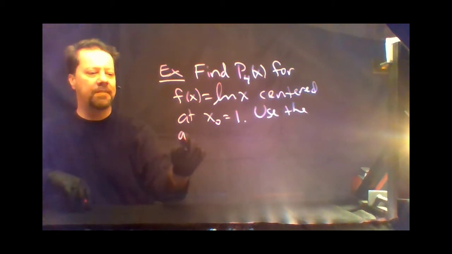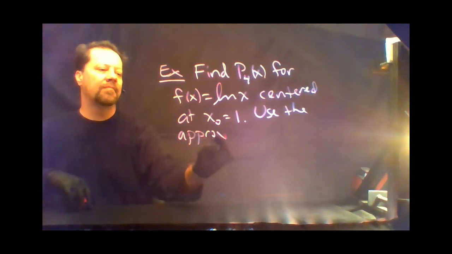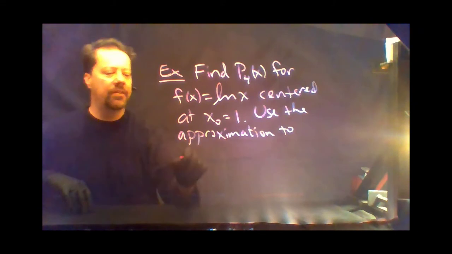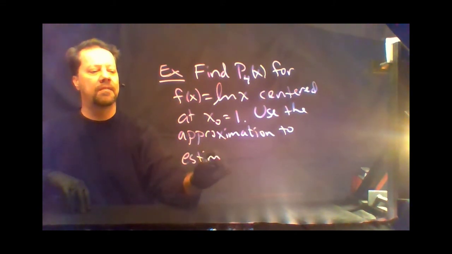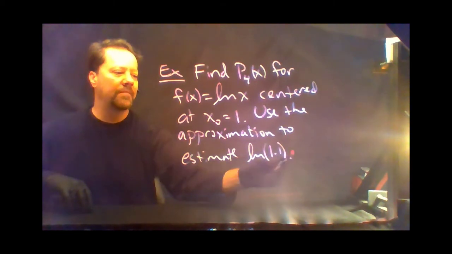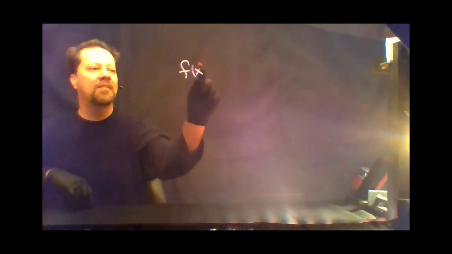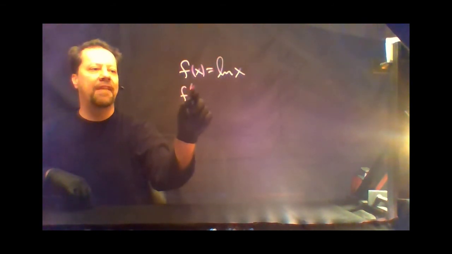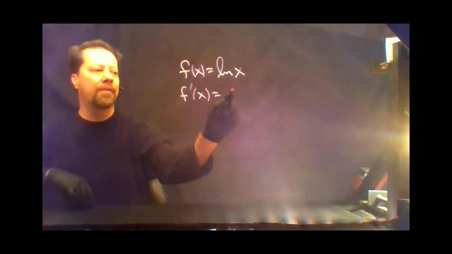Use the approximation to estimate ln of 1.1. We begin by writing out f and its derivatives up to the 4th.